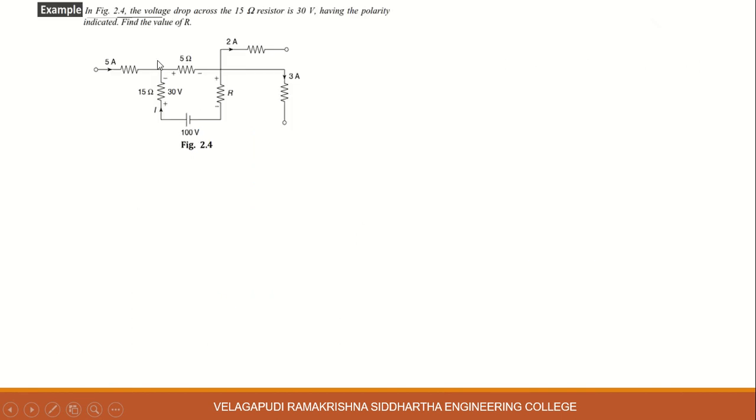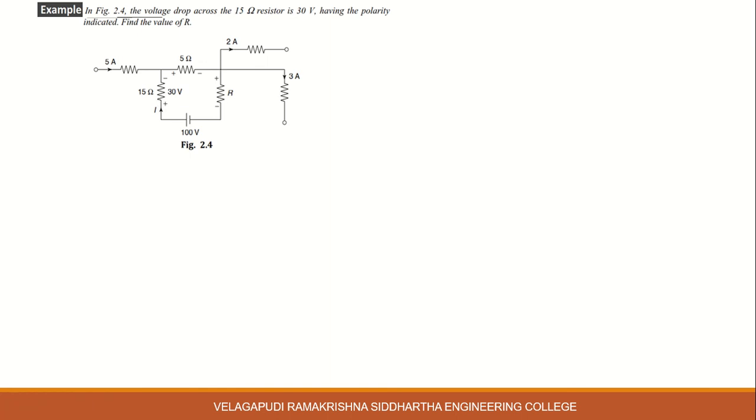So now consider the example. In the figure, the voltage drop across the 15 ohm resistor is 30 volts, having the polarity indicated. The polarity is already indicated.